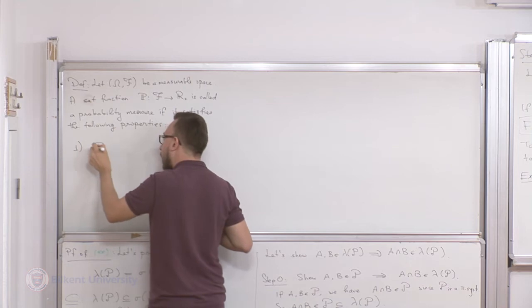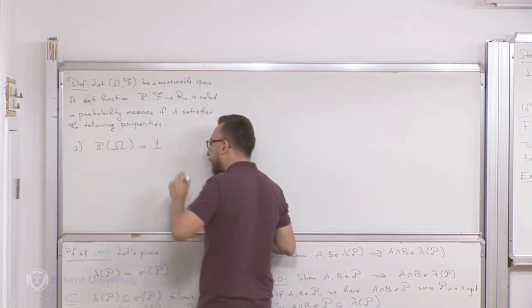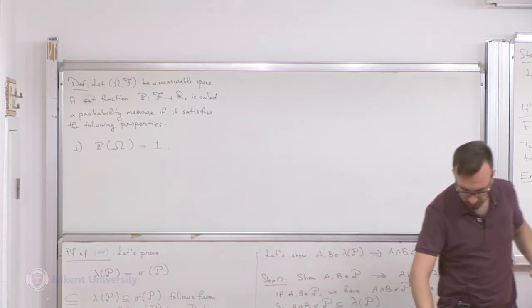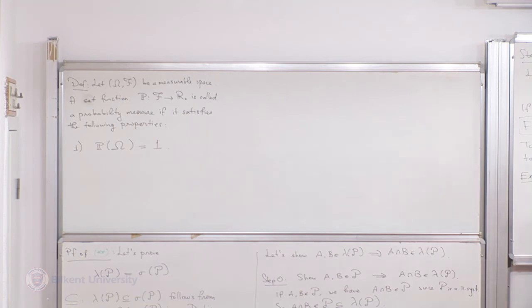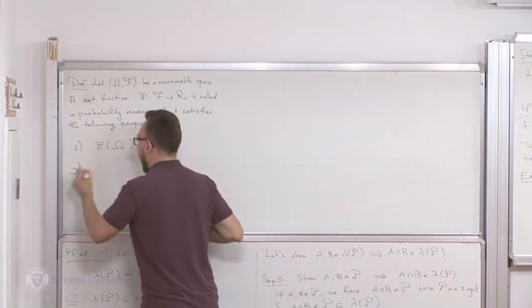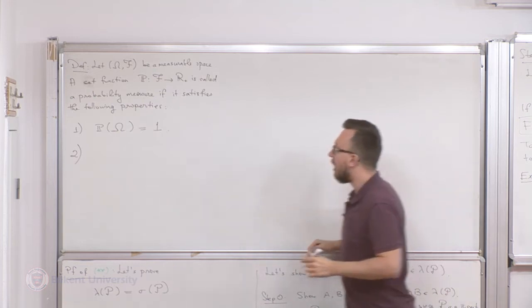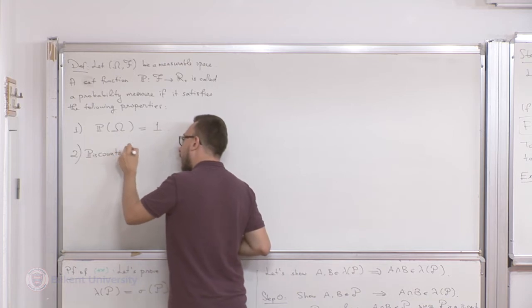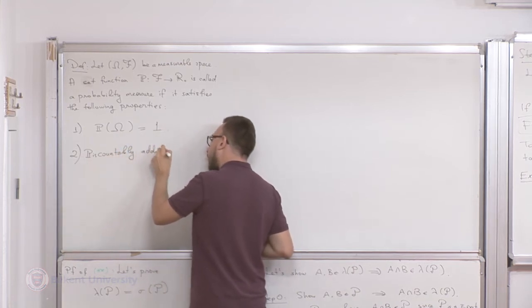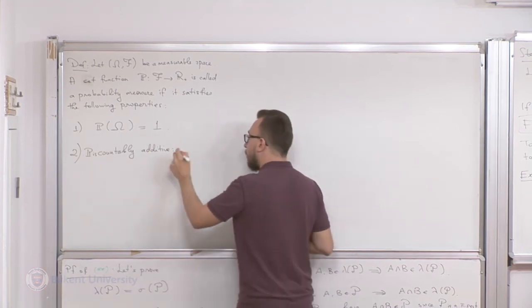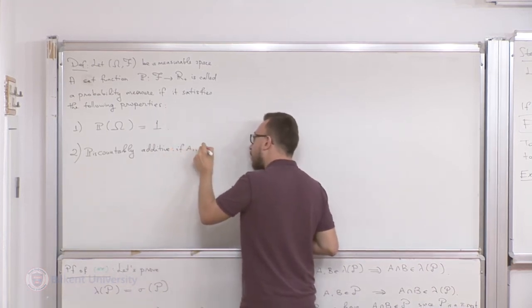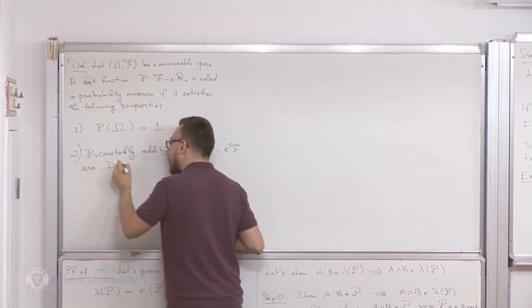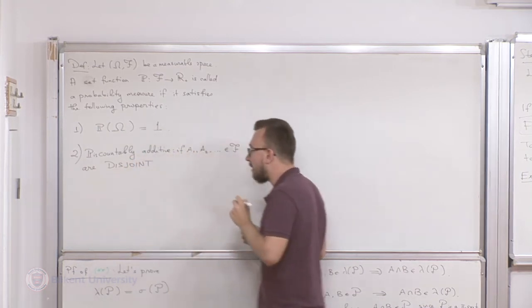First is that the probability of the full space is 1. And second is the following. So it's again kind of a minimal definition. P is countably additive. Okay, here's the precise meaning. If A1, A2, etc. are events that are disjoint, and now you know what it means, right?